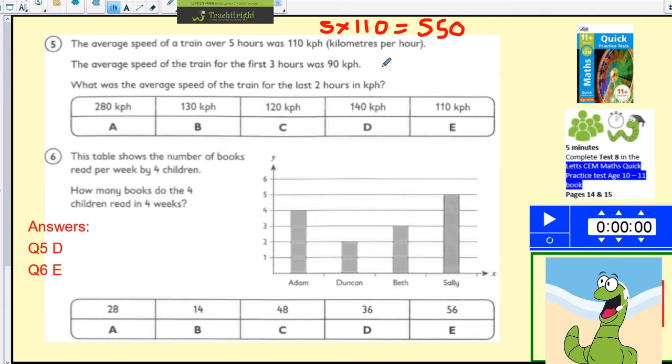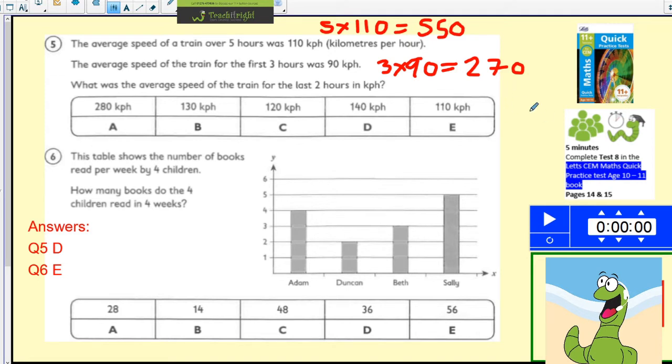In the first 3 hours, they covered 3 hours at 90. That's 3 lots of 90. It's going to be 270. So the difference between these two distances is what was covered in the last 2 hours. So if I can work out the difference and divide it by 2, that must have been the speed per hour they covered.